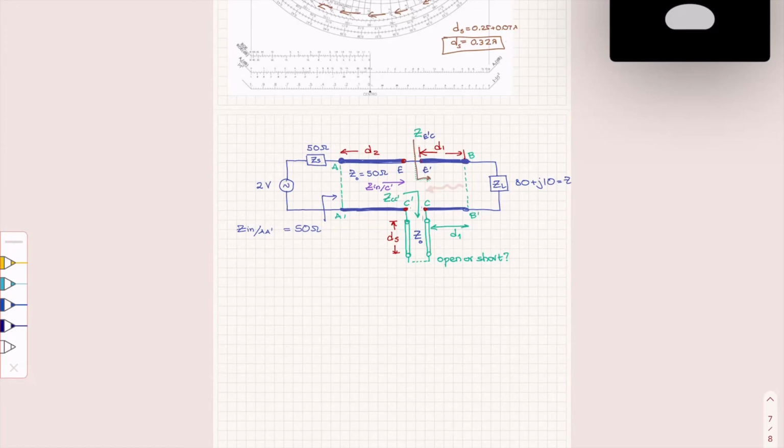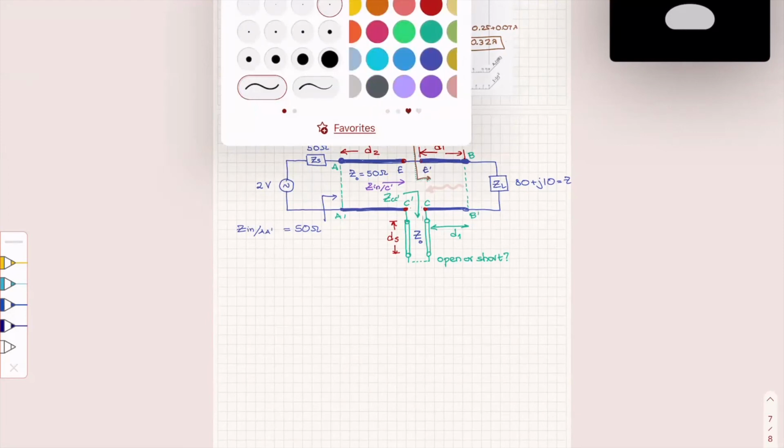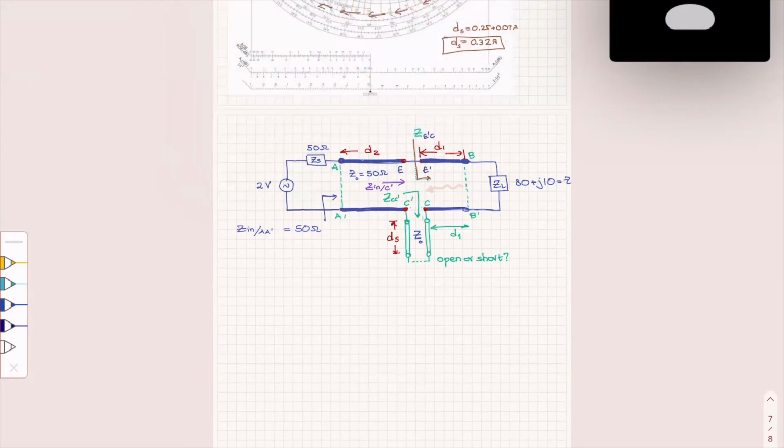That means that any length of line D2 will bring my AA prime also to 0 reflection coefficient. So practically I can make my D2 be 0. I don't need to have an extra length of line after the stub. So I can make D2 go to 0.